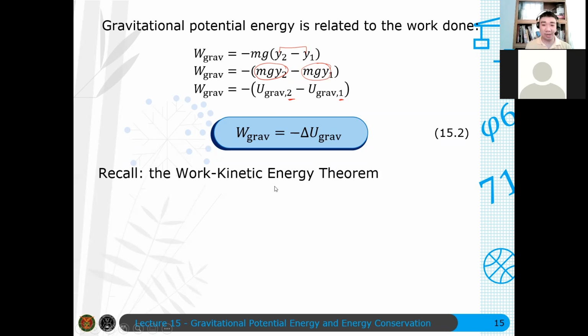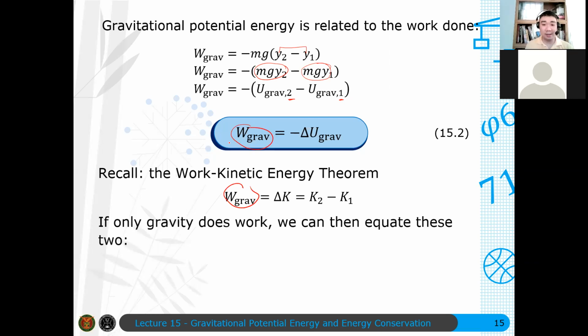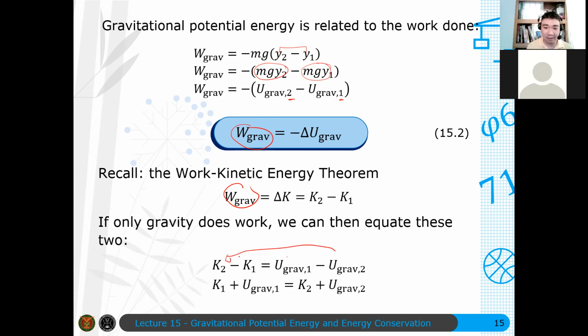Okay, recall that the work kinetic energy theorem is just W gravity equals delta K, which is K2 minus K1. And since they pertain to the same gravitational work, we can equate these two. If gravity only does work on the particle, I can equate these two and transfer terms to the other side, and it gives me this particular equation.